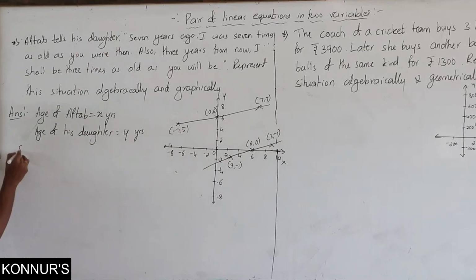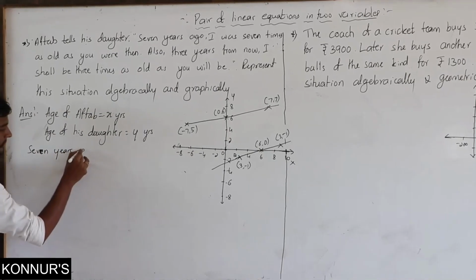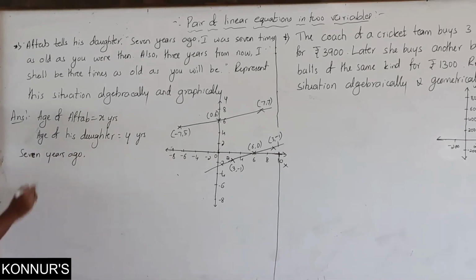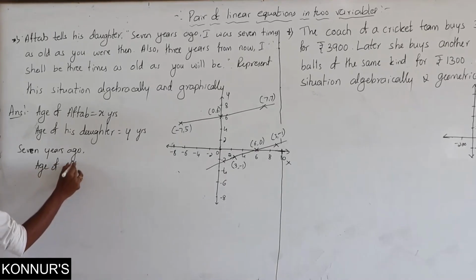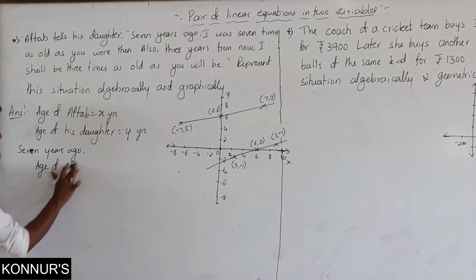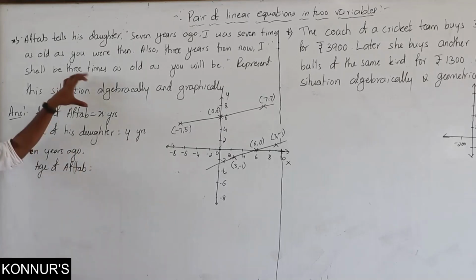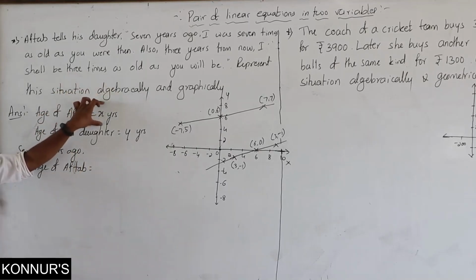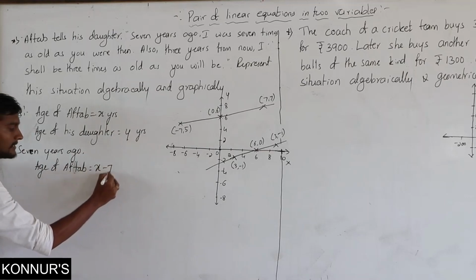7 years ago, age of Aftab is equal to, the present age of Aftab is x years, so 7 years ago his age will be x minus 7 years.